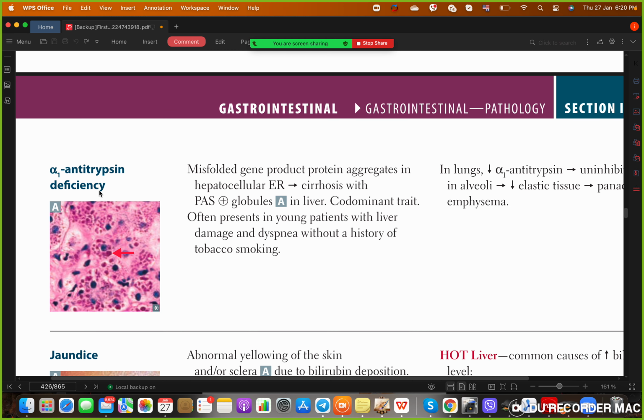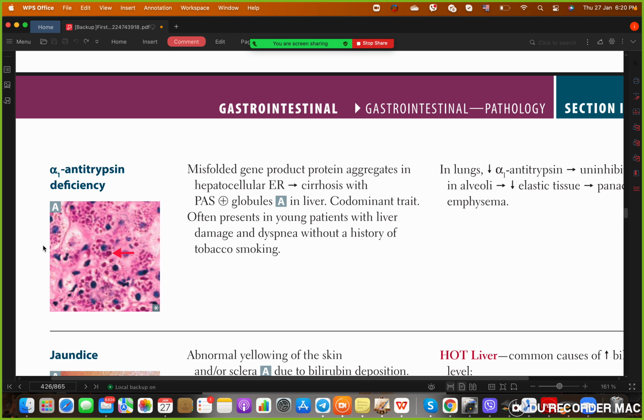Okay, so alpha-1 antitrypsin deficiency: a misfolded gene product protein that will aggregate in the hepatocellular endoplasmic reticulum. So inside of the endoplasmic reticulum, we will have aggregation of a lot of misfolded protein, in the hepatocytes of the liver.